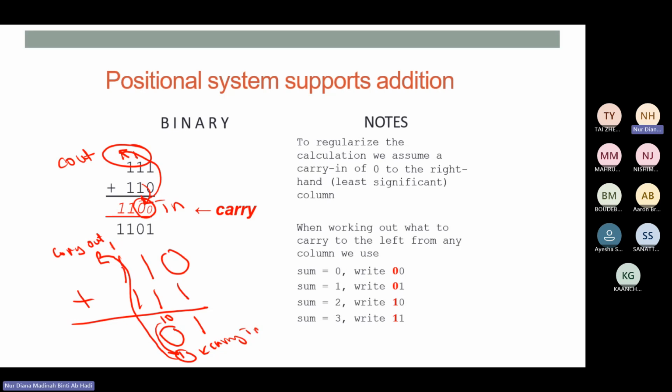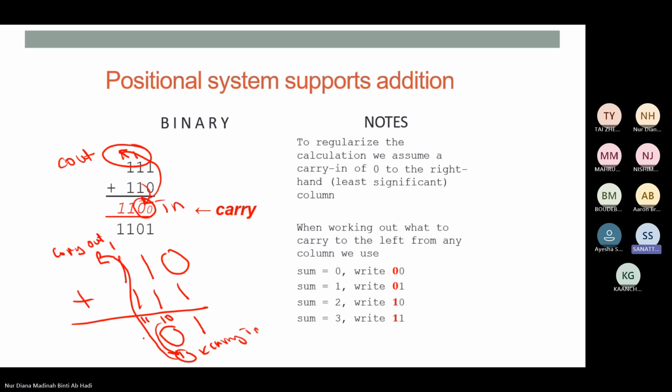Okay, so this one, 1 plus 1 plus 1. What will we get? 1 plus 1 plus 1, what will we get? 1. Why 1? It should be 11, right? 1, 1, right?